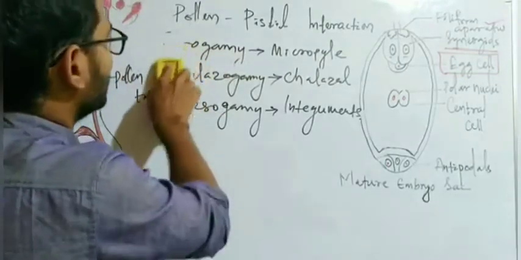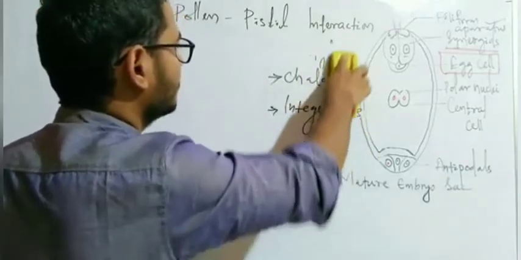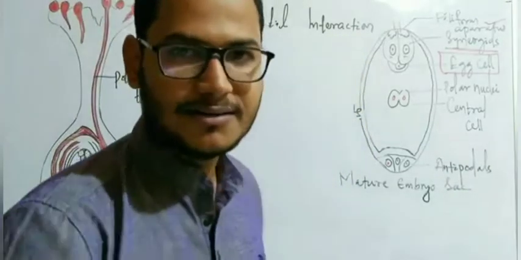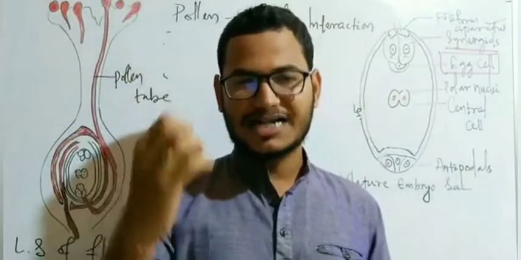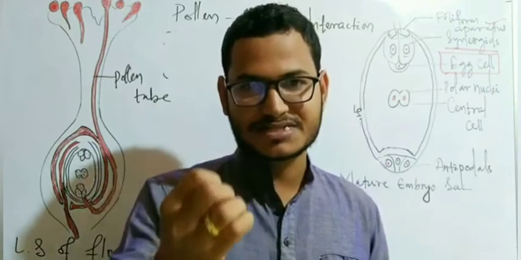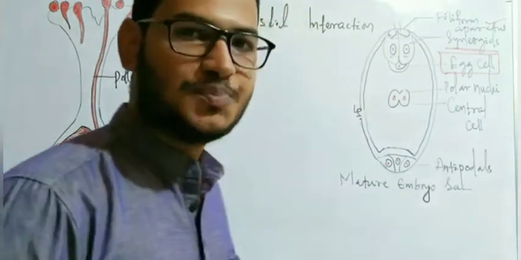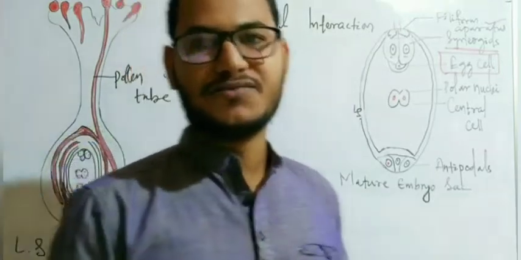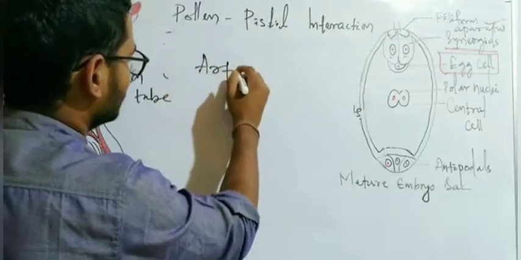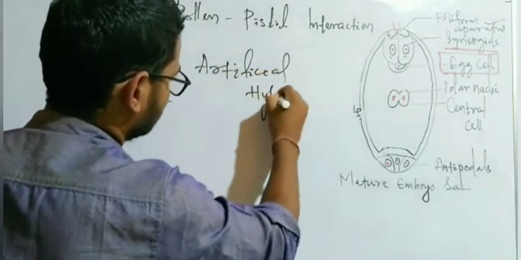It is done by breeders to get a better variety, by artificially interacting the pollen grain of different species with the pistil to get a hybrid product. It is also mentioned in your NCERT, artificial hybridization.